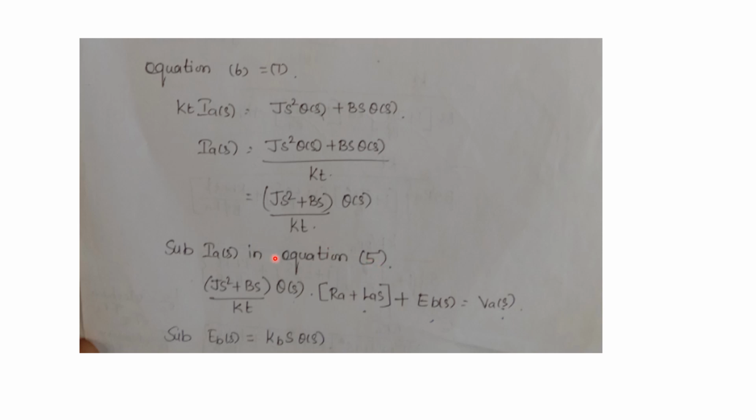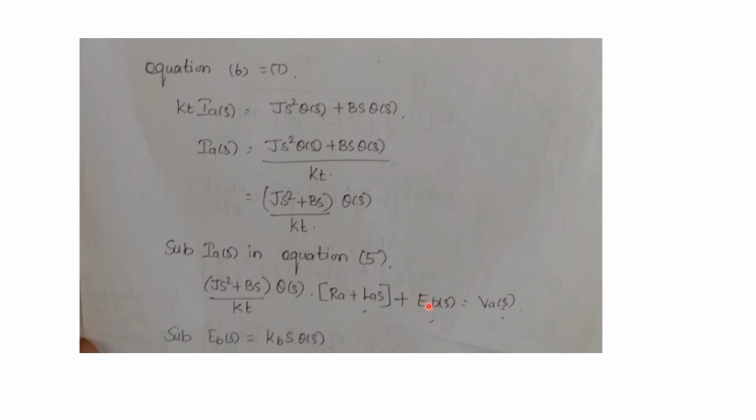In equation 5, we have IA of S and also EB of S. Instead of IA of S, we substitute this value, and instead of EB of S, we substitute KBS into theta of S. This is another equation, equation number 8. If we substitute EB of S as well as IA of S in equation number 5, we can get the required transfer function.